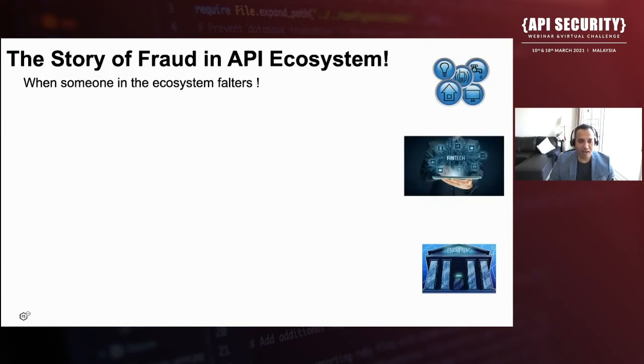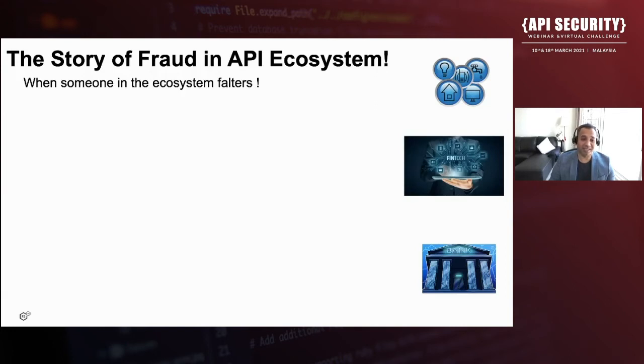Here, I would like to share an interesting fraud story that we have personally seen when it comes to the API ecosystem, when we talk about open governance and open data, right? This story belongs to a fintech, and the fintech had a very nice idea of saying, I will be the conduit between your bank and your utility services provider for easy access, so that you can do everything from your mobile phone.